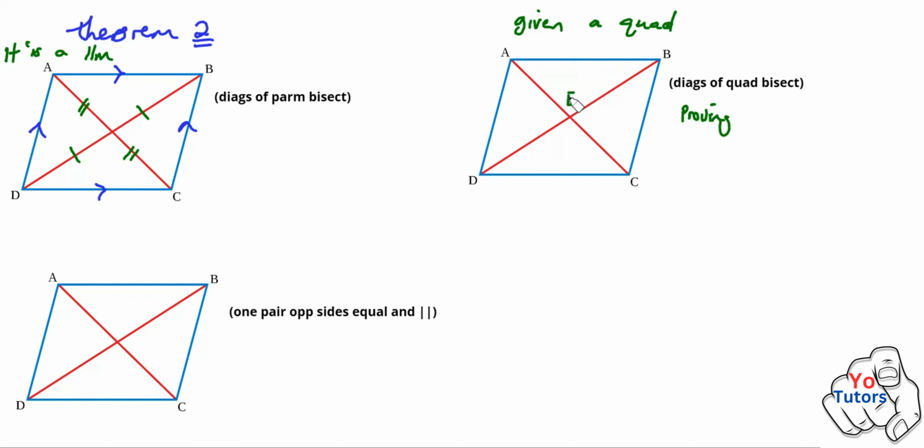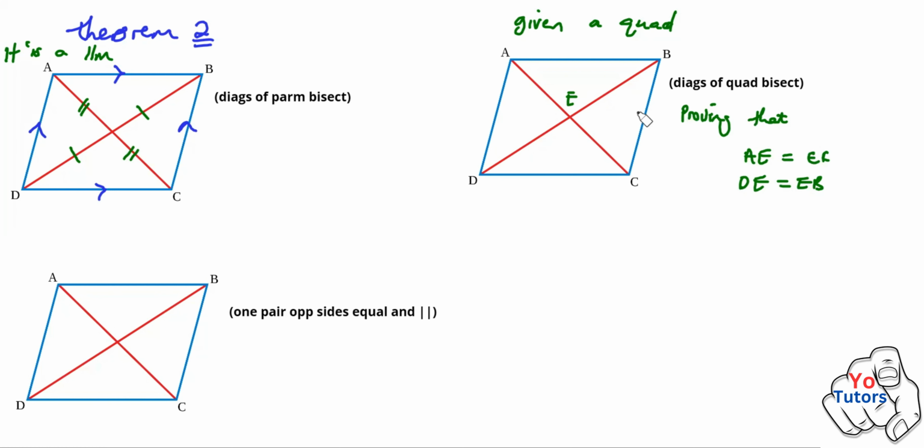that, so let's call this E, AE will be equal to EC and DE will be equal to EB, like that. That's what you'll be proving there.